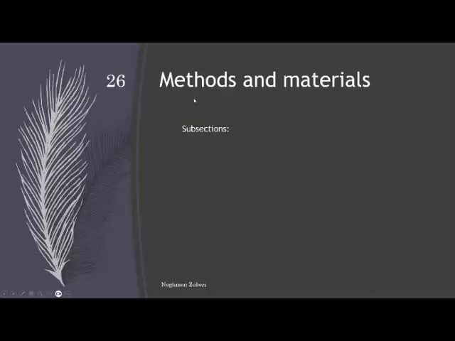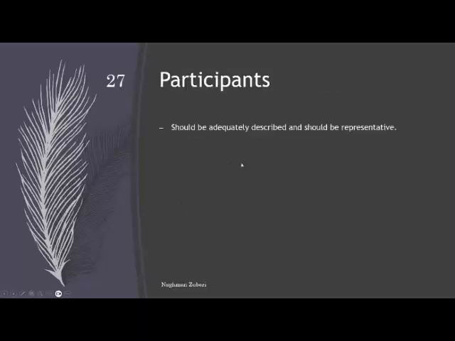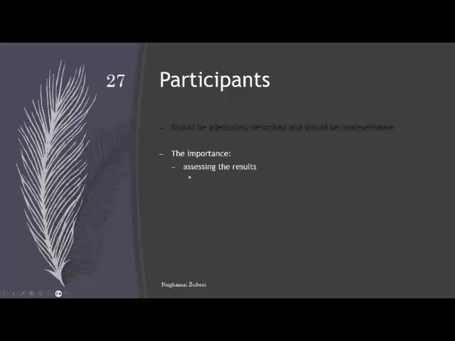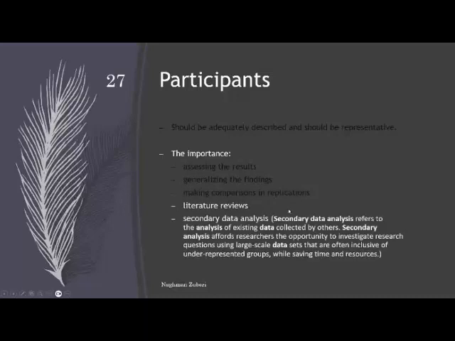Now, subsections of this methods and materials: participants, apparatus or materials you used, and what were the procedures? The participants should be adequately described and should be representative. The importance of that is it will help in assessing the results, generalizing the findings, making comparisons in replications, and of course for the literature reviews.